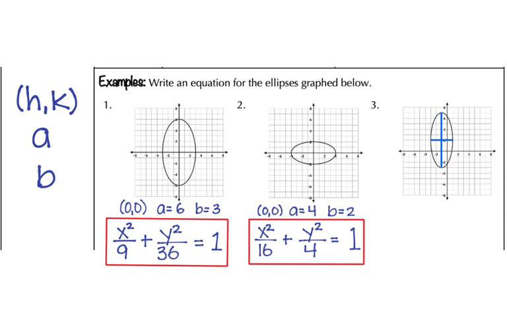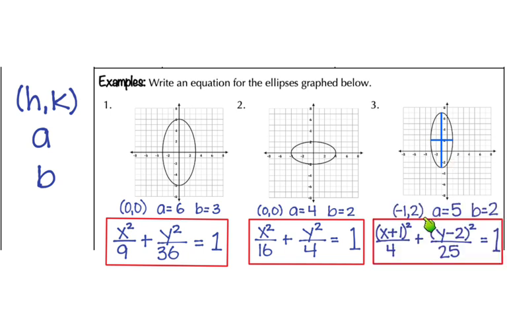From that, I can see that the center of this ellipse is -1, 2. My A is 5 because I can just count from that point of intersection, count 5 units up. My B is 2, so I have x minus -1, which I wrote as x plus 1, divided by 2 squared. I have y minus 2 divided by 5 squared, and it equals 1.